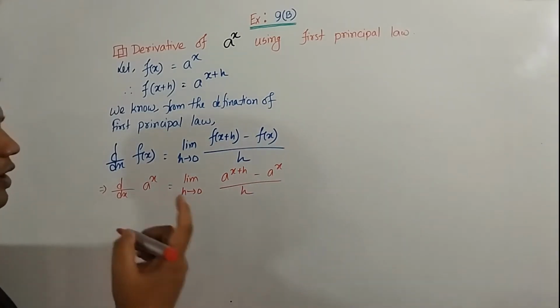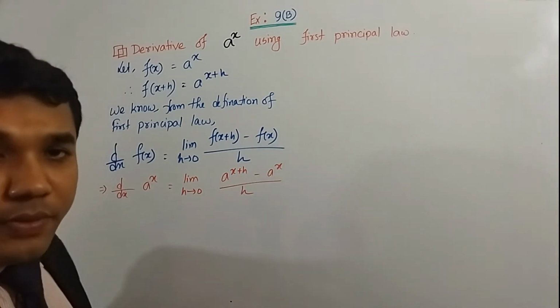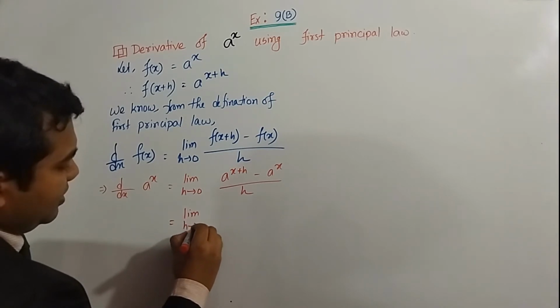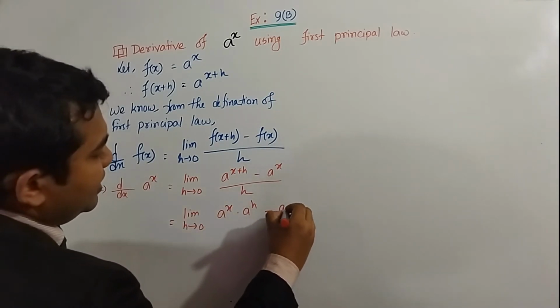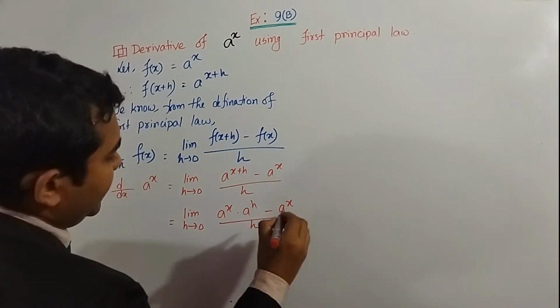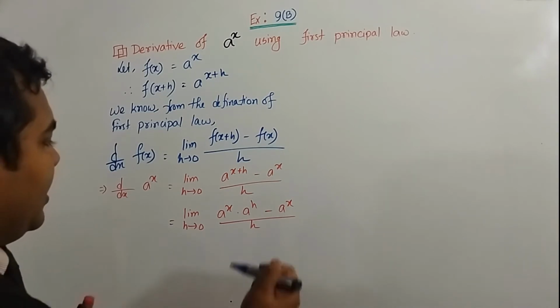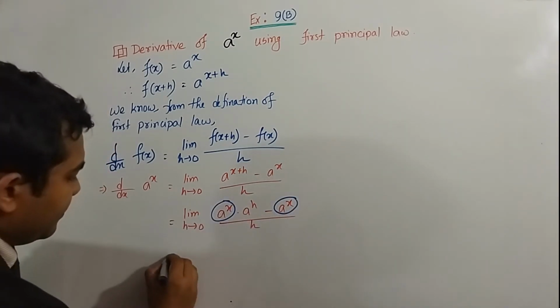You have already known that a to the power x plus h can be written as a to the power x into a to the power h. So limit h tends to 0 of a to the power x into a to the power h minus a to the power x divided by h. If we take common a to the power x, then what can we write?